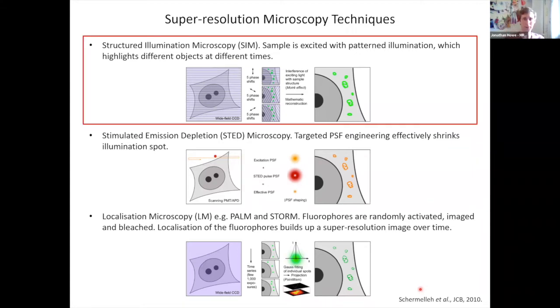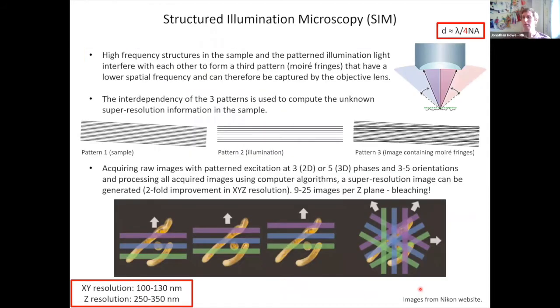So if we start with SIM, so SIM microscopy works like this. In order to understand SIM, you first have to appreciate that your sample is a complex diffraction grating, and the information encoding the finest detail structures in your sample is diffracted beyond the collection angle of the lens.